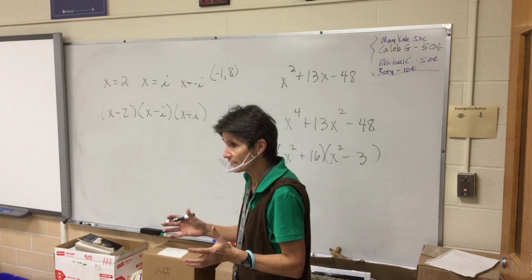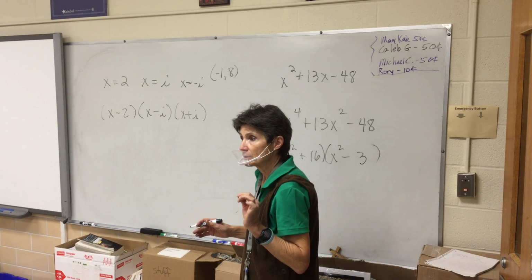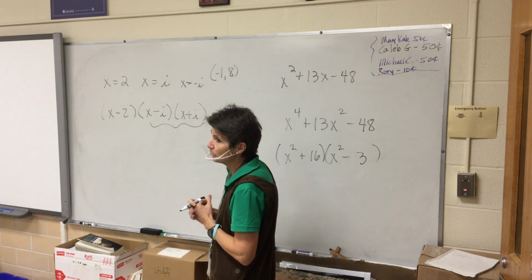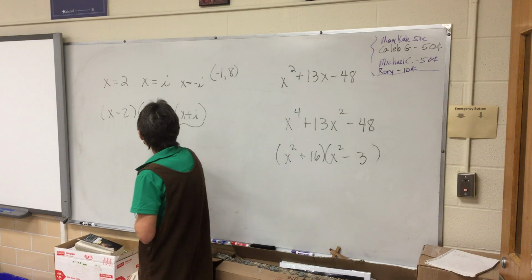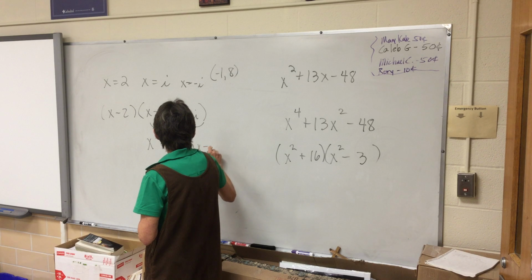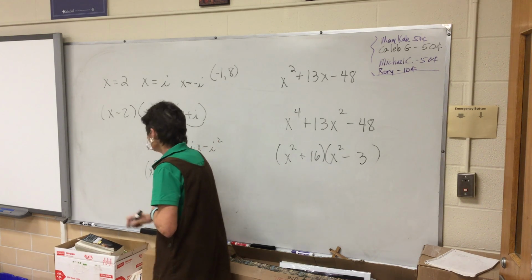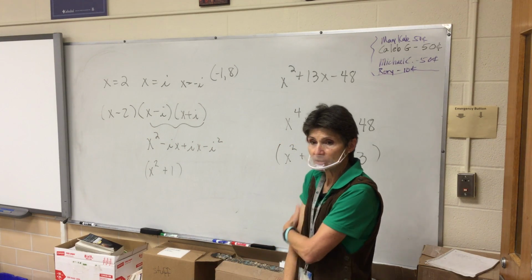All right, so now what do you think I'm going to do? It says right there, multiply out. So here we go. Let's start with these two because we know that's going to simplify. What's that simplify down to? x squared plus 1, very good. Everybody should get x squared plus 1.